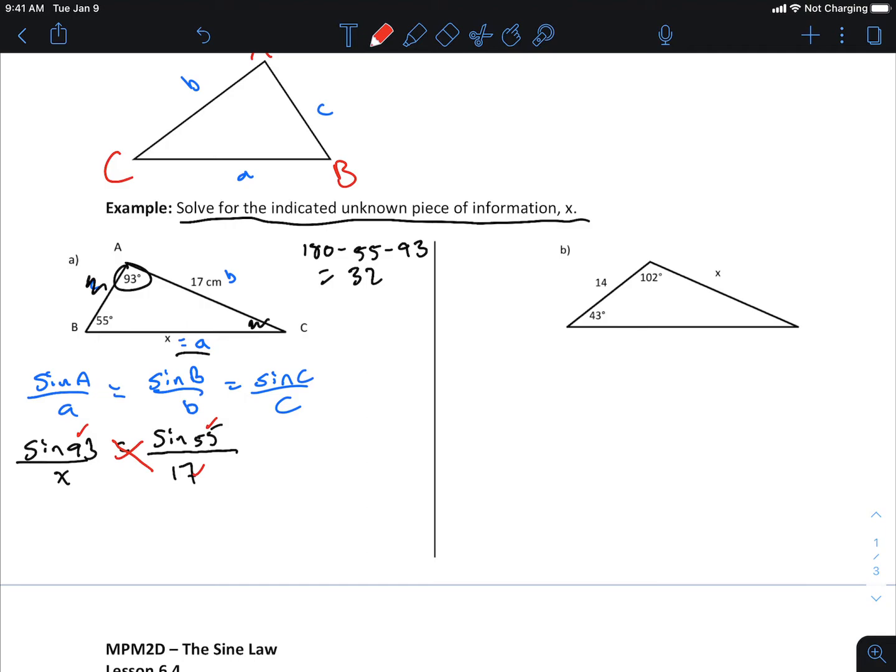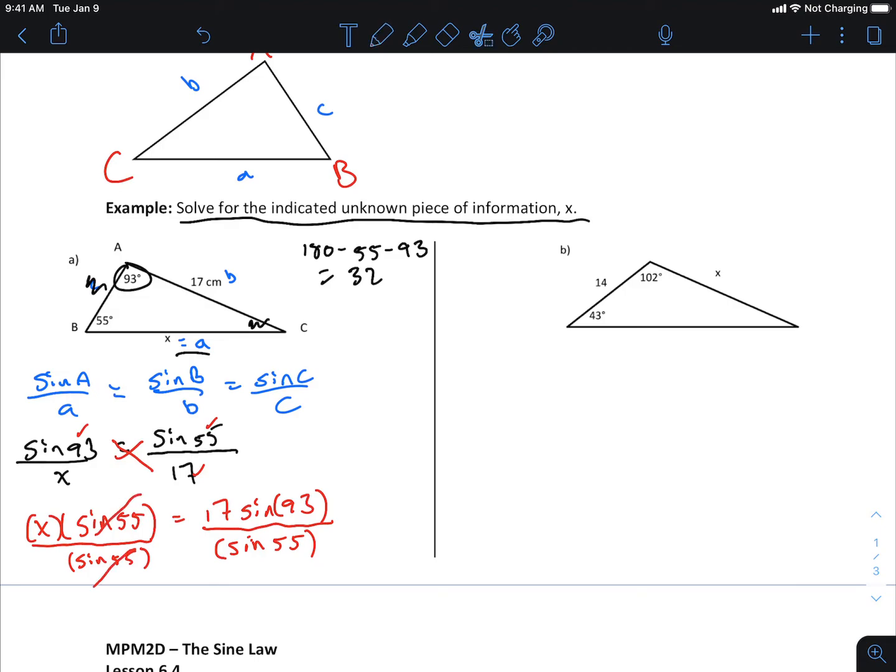Cross multiply. So it's x multiplied by sine 55 is equal to 17 sine 93. Divide both sides by sine 55. You now have x isolated.